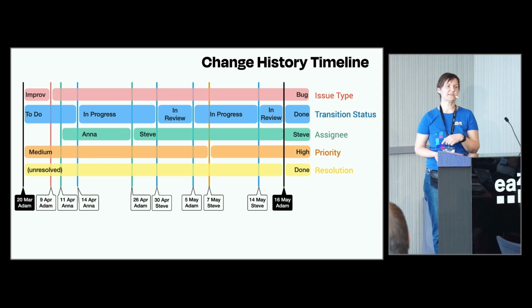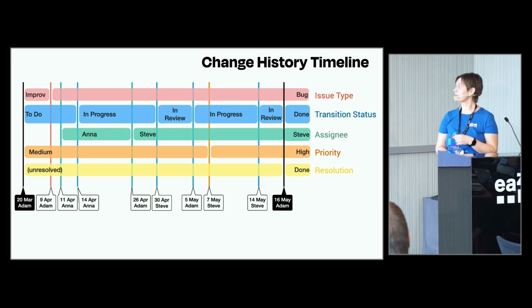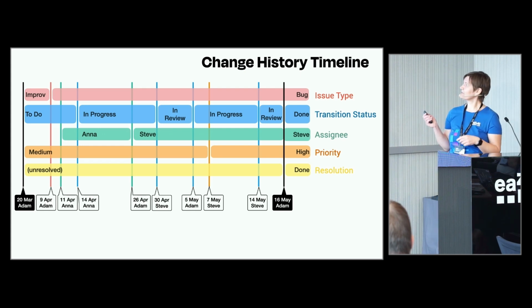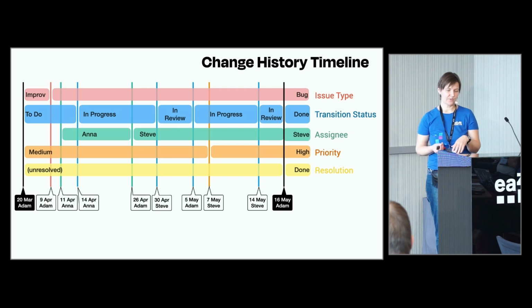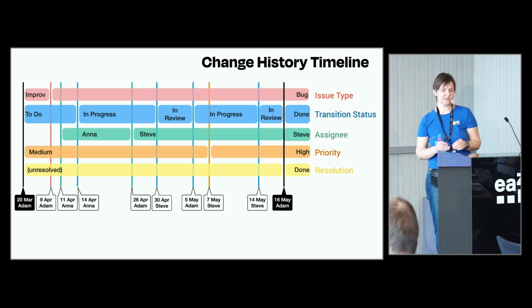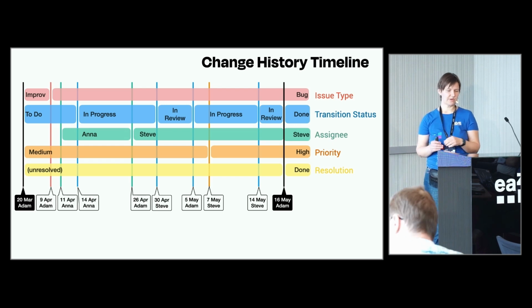And this is the exact same changelog history, but presented differently in a diagram that I named Change History Timeline. The horizontal swim lanes represent the fields where eazyBI imports change history value changes by default, and each section of each lane represents the time the issue spent with a specific field value.